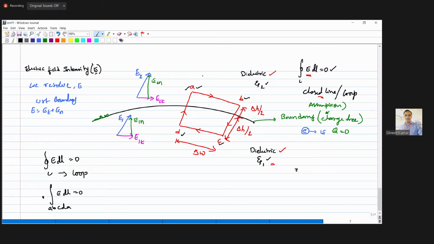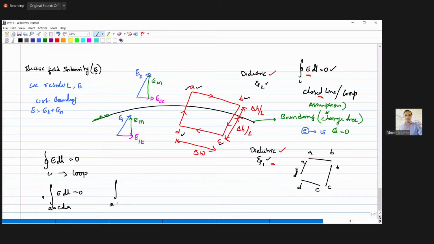This closed loop is formed by the individual lines AB, plus BC, plus CD, plus DA. All together they form a closed loop. So the integral of ABCDA can be written as what?